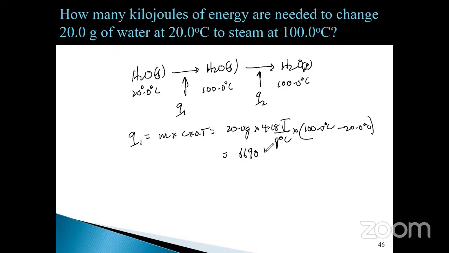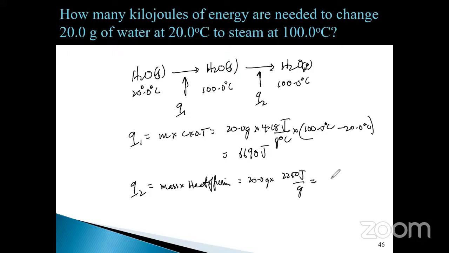6690 joules. And then for the second heating process, we're going to multiply the mass times the heat of vaporization, which is 20.0 grams times, hold on, if I remember correctly, the value is 2250 joules per gram.